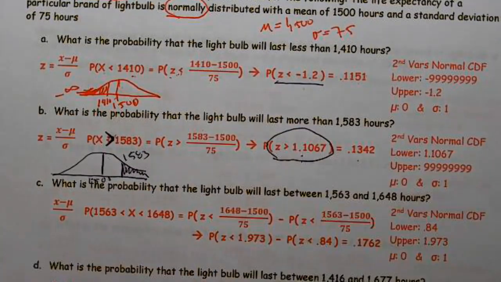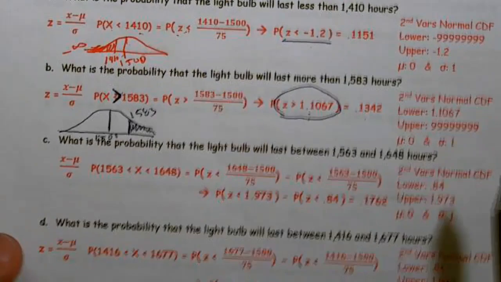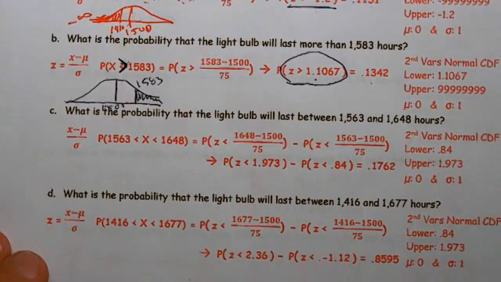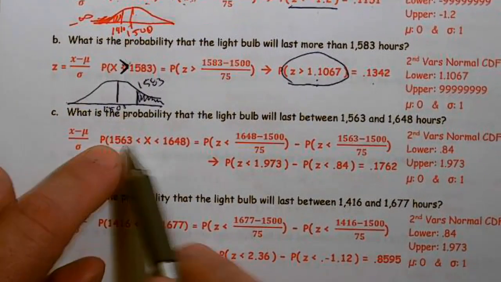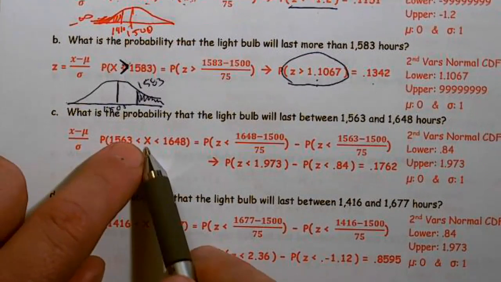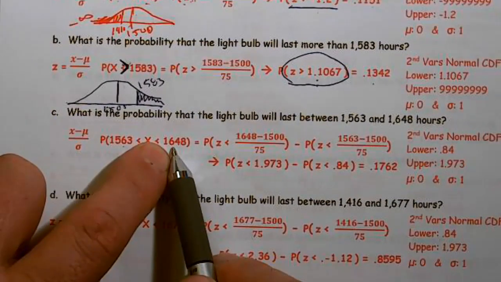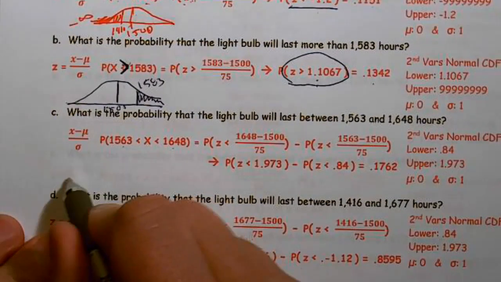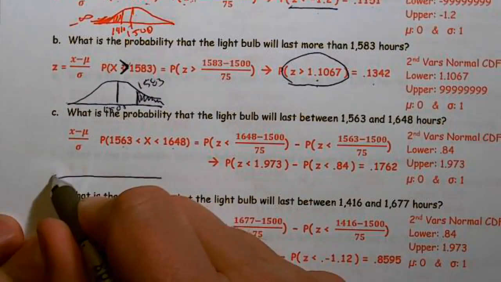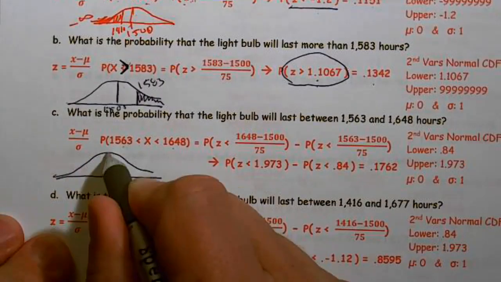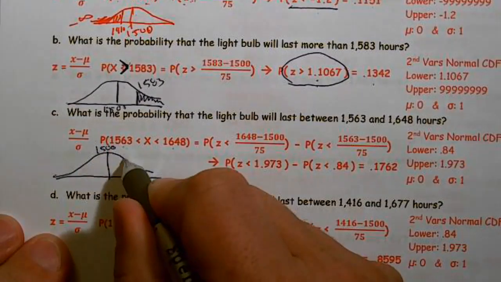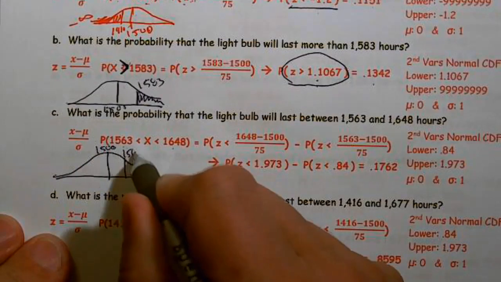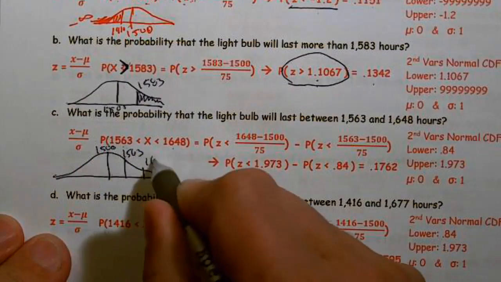However, once again, I must have this z-score. That's a requirement, okay? So what's the probability it will last between 1,563 and 1,648? So the probability that 1,563 is less than x is less than 1,648. If I'm drawing a picture of this, our mean is here at 1,500, and we're interested in 1,563 and 1,648.